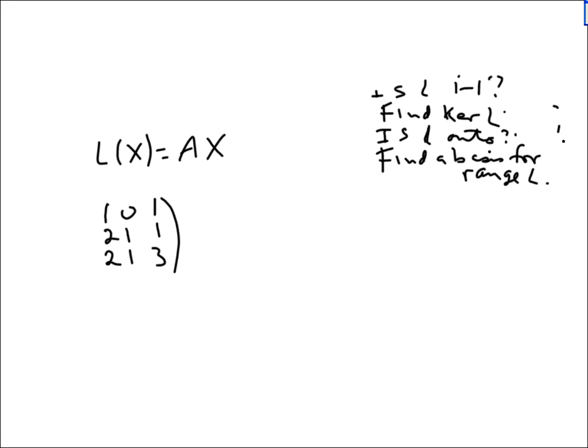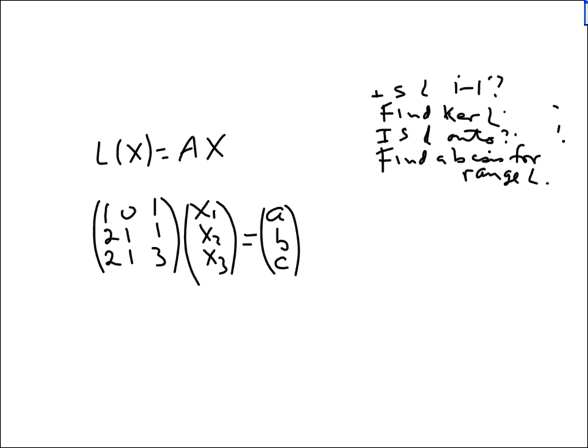Now I want to know if I multiply it by x, which I called x1, x2, x3, can I get anything I want? Can I get A, B, C? The answer is yes, but more importantly, what you need to do is reduce this.